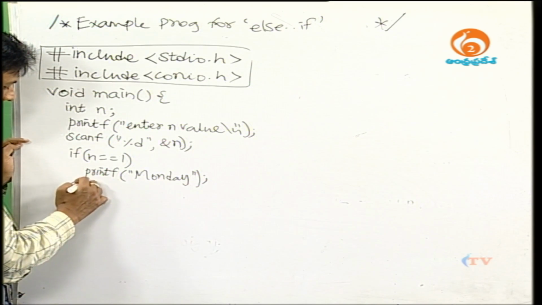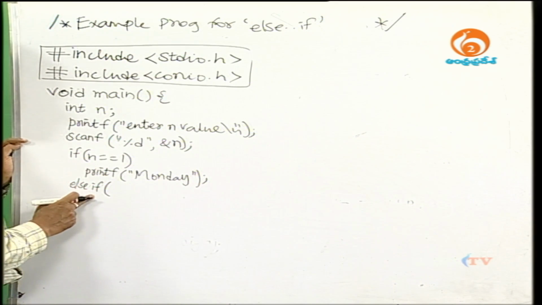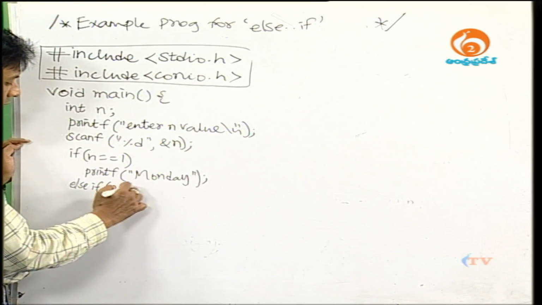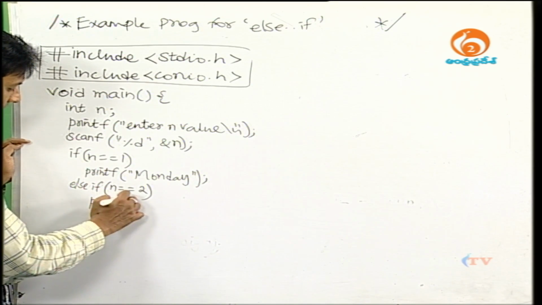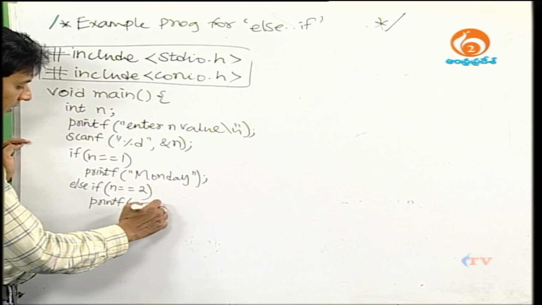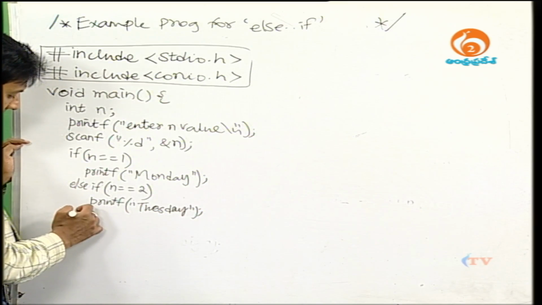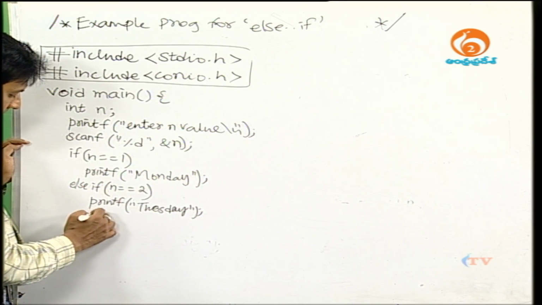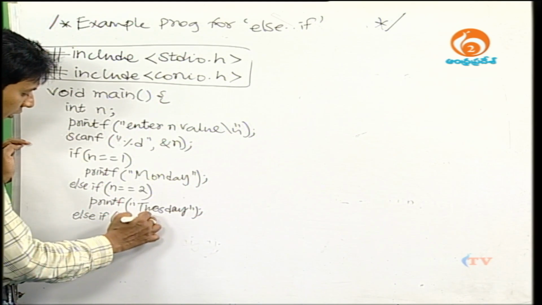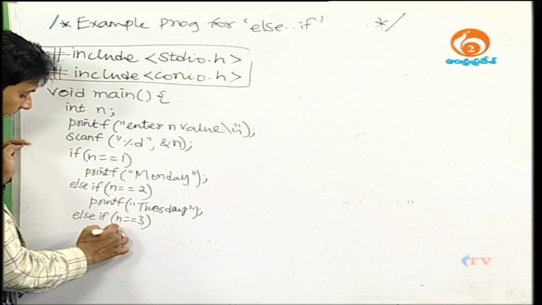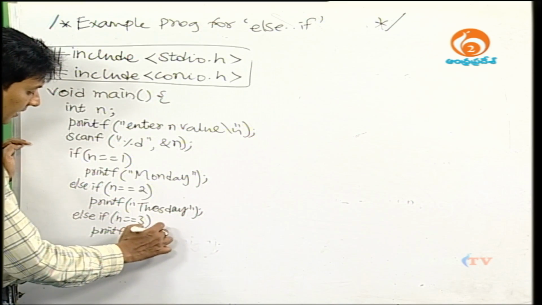Else if, after else I am giving one space here, else if n double equal to 2, printf it is Tuesday. Else if n double equal to 3, printf it is Wednesday.